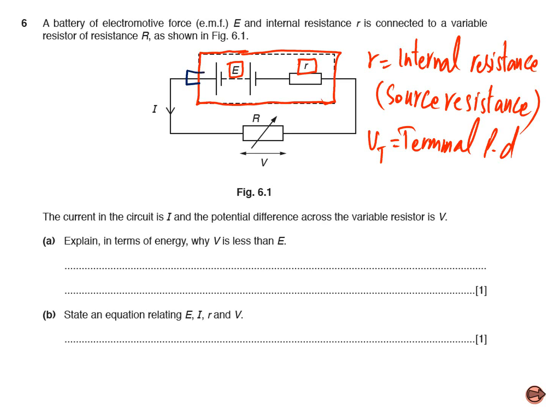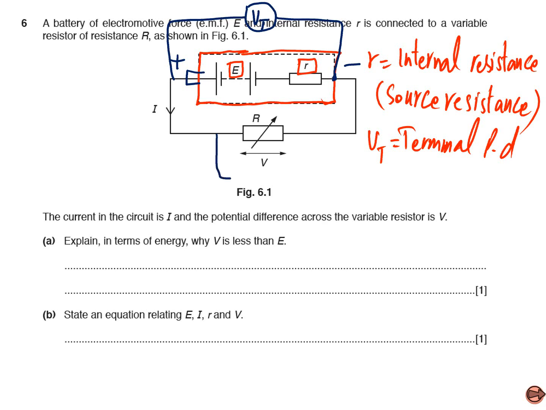This is the positive terminal of the battery and this is the negative terminal. If we attach a voltmeter across these two terminals, like this, this voltmeter will tell us the terminal potential difference.